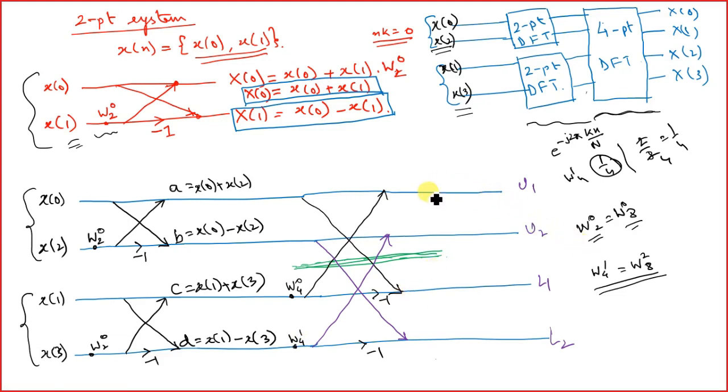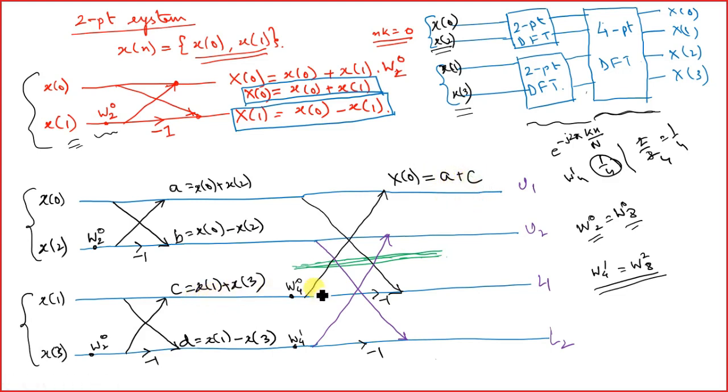Now, over here, what will you be getting? Same A dash or capital X0, because for a 4-point FFT, this would be the final output. X0 is equal to A plus C, right?